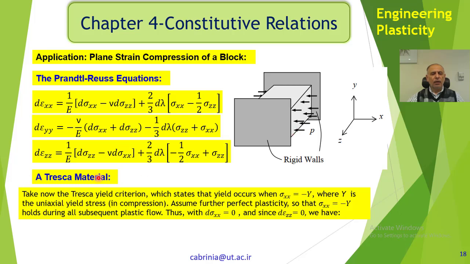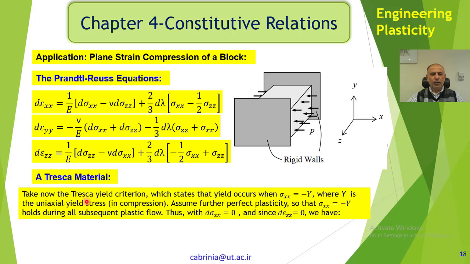So we need a yield criterion to solve the problem, according to which yield criterion you want to solve it. So we use the Tresca yield criterion. Supposing this material obeys the Tresca yield criterion, that's why we call it the Tresca material.